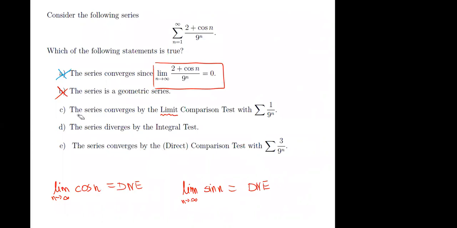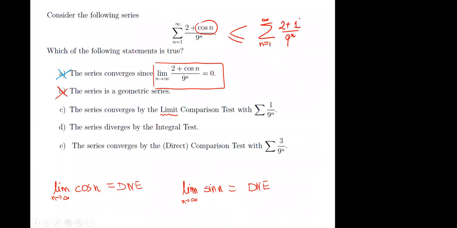Okay, that's what I will do. I will not even read the options. I will try to actually solve the problem, not seeing the options. And I just got a hint from Roger that we can keep this. And we remember cosine of n is always less than or equal to 1.